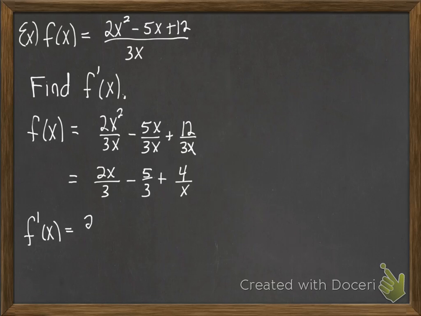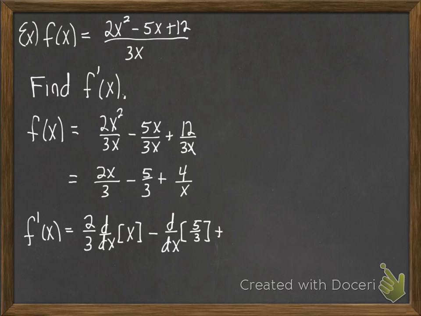So we'll have 2/3 times the derivative with respect to x of x. Now we can factor out the 5/3 and say 5/3 times the derivative of 1, but it's not going to make a difference. Whether it's 5/3 or 1, it's still a constant.